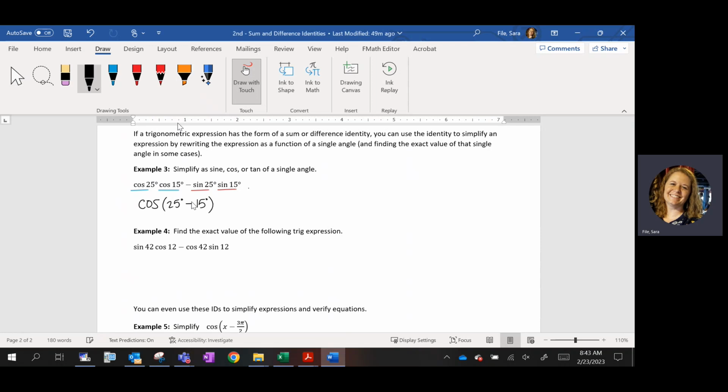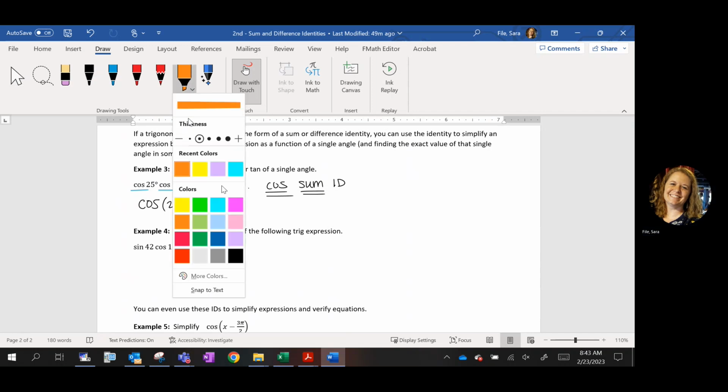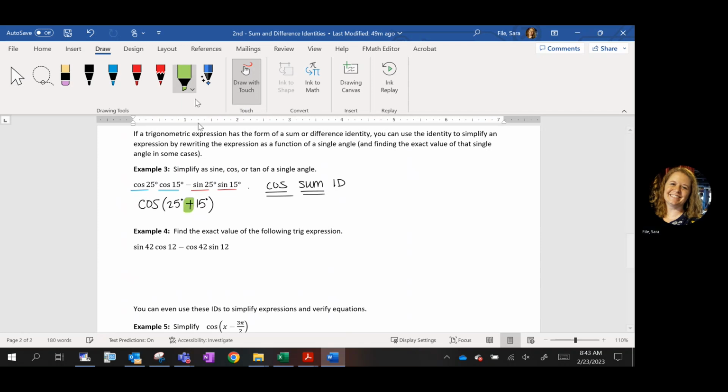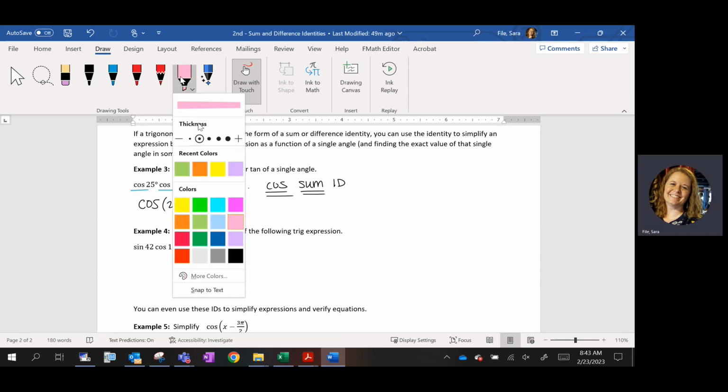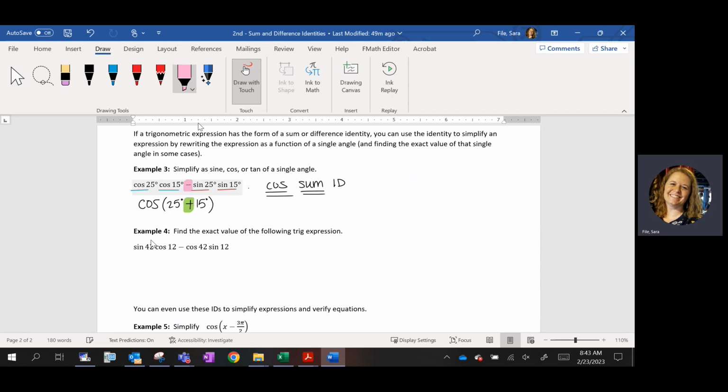So this actually needs to be a plus. So this is a cosine sum identity. It's a sum here because we said that this needs to be the opposite of what's in the expanded version. So cosine sum. Now, what is 25 plus 15?